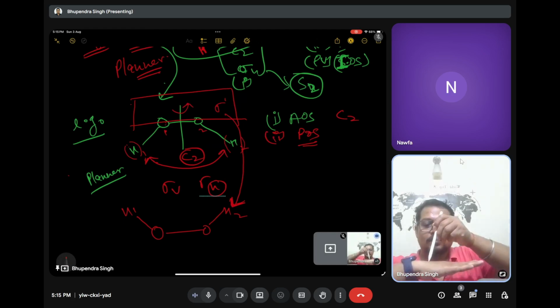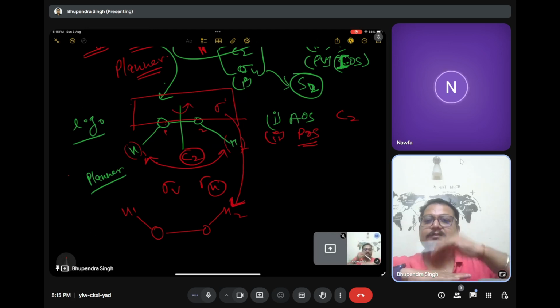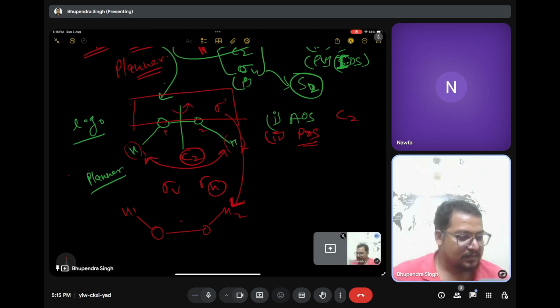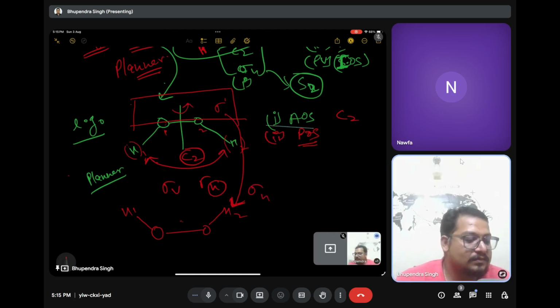In the molecule it is like O, O, H, H. Perpendicular to the principal axis of symmetry, this will be your plane. So it will flip the molecule like this. These two are not equivalent orientations of the molecule. That is why sigma H is not present.